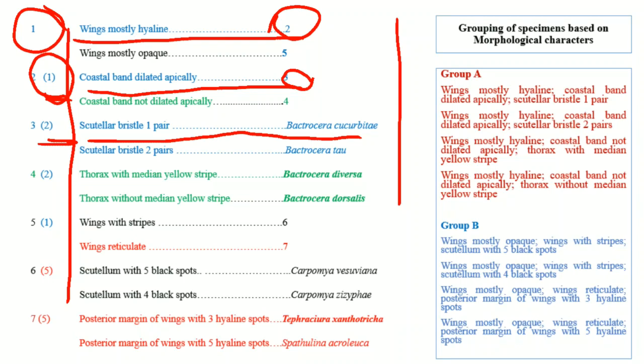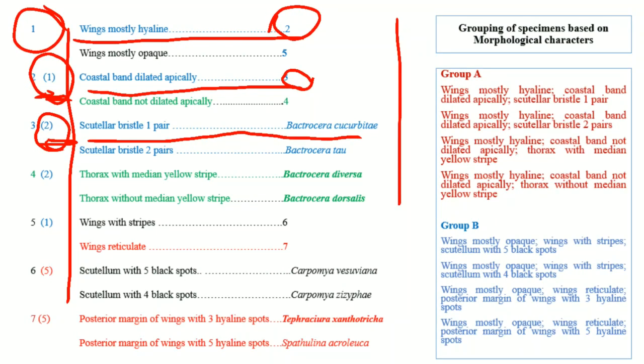Now, running the key in the backward direction. How will you run it backward? The character mentioned at point 3 is scutellar bristles 1 pair, and the number mentioned here is 2. Next you will move backwards to 2, where you can see costal band dilated apically.